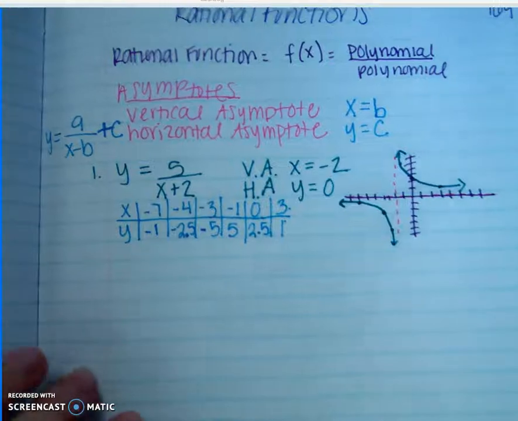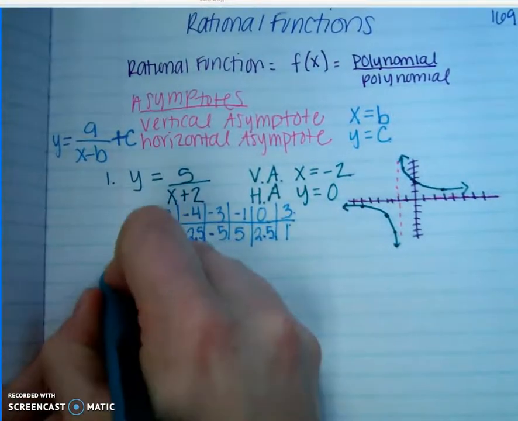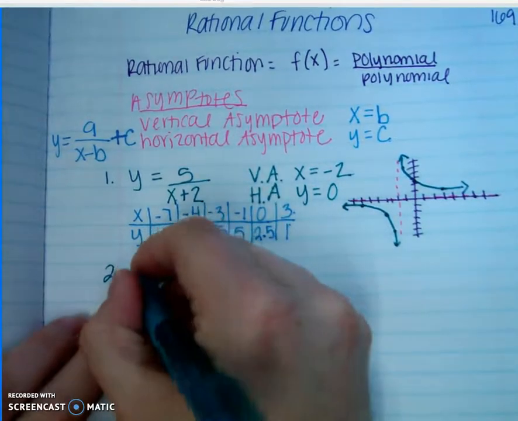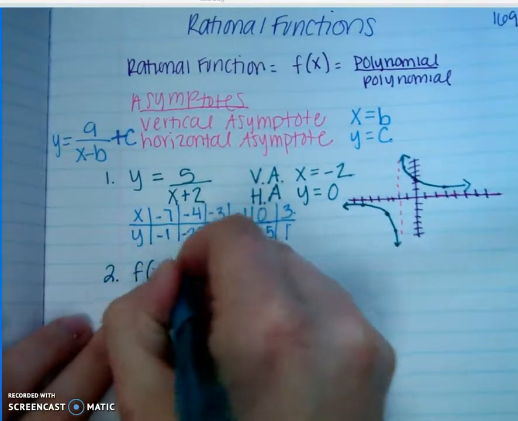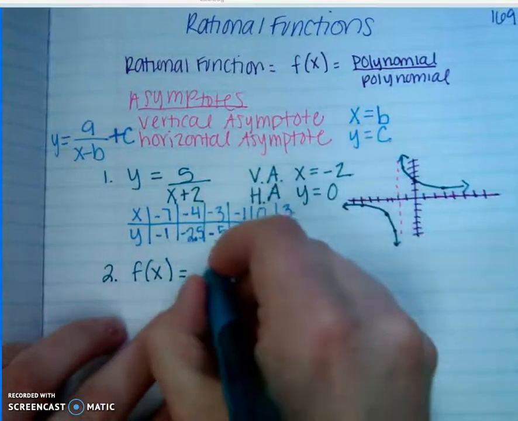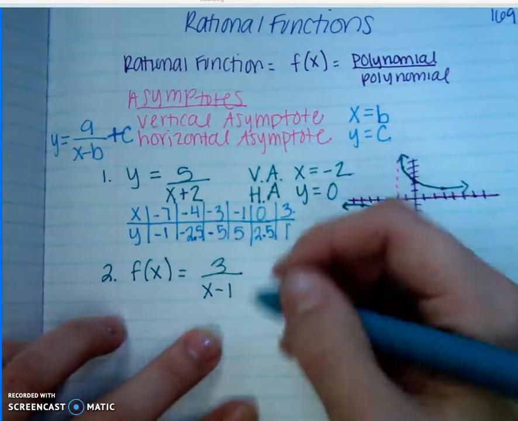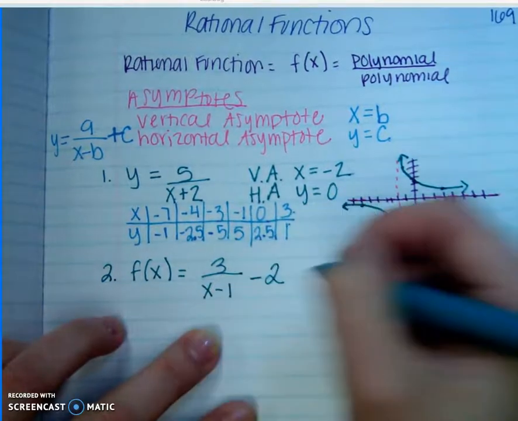Let's try another one. Let's say f of x or y equals, it doesn't matter how it's written, it's the same thing, 3 over x minus 1, and then -2.